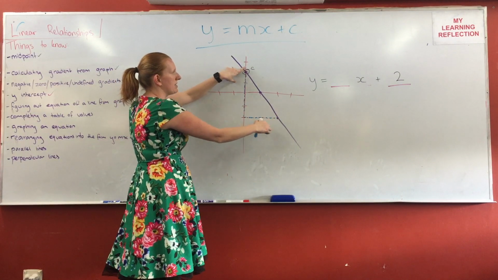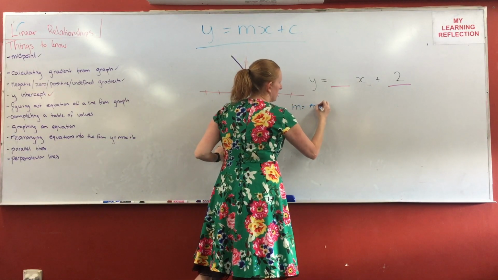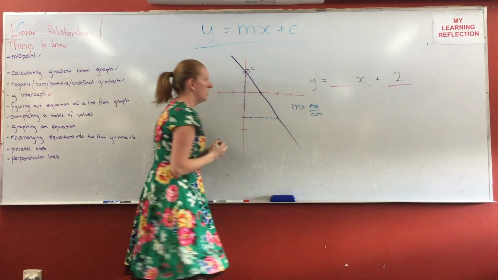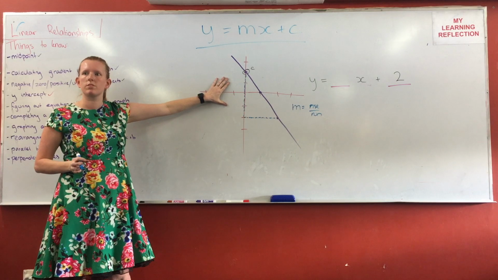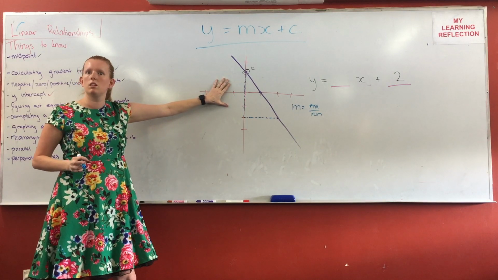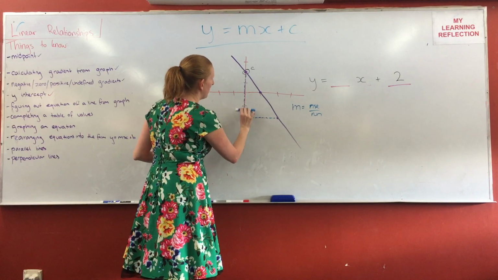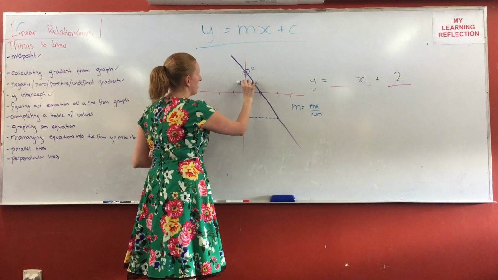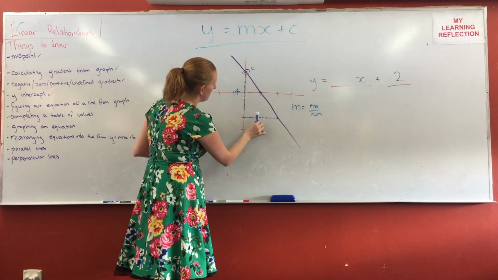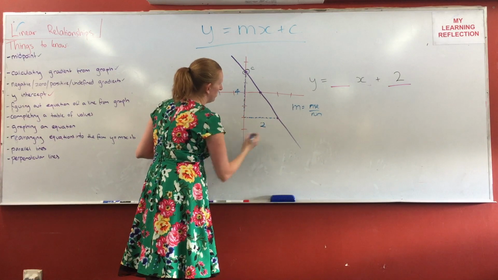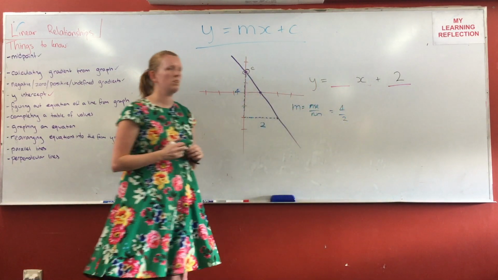And what I want to do now is calculate the gradient. M equals rise over run. How do I figure out what my rise is now that I've drawn a triangle? I count. So 1, oh, I drew this really badly. It's not even. 1, 2, 3, 4. That's 4. And going across is 1, 2. So my rise is 4, my run is 2. What do I do now?